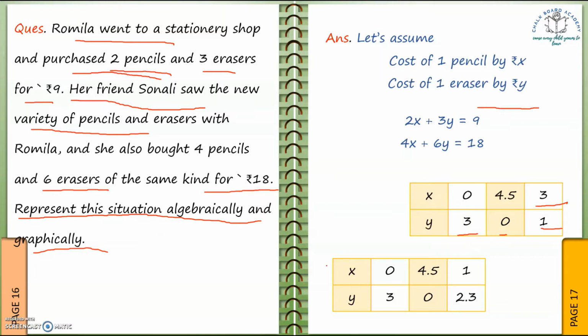In equation 2 also I have used 0 for x and then 0 for y, and I got the same results. You can see here 0 and 3, and 4.5 and 0, same results. These two equations have similar answers, so we can say that they are having many solutions.